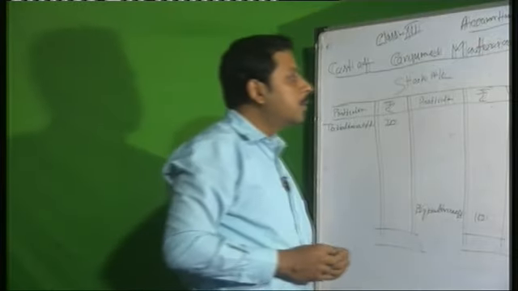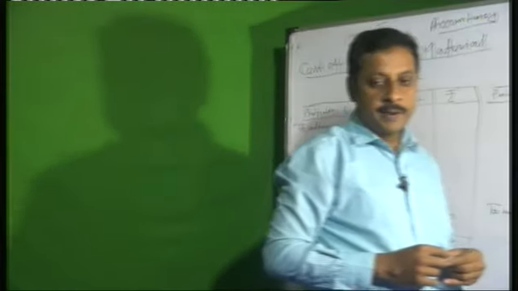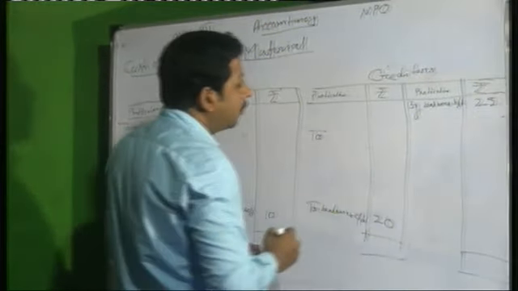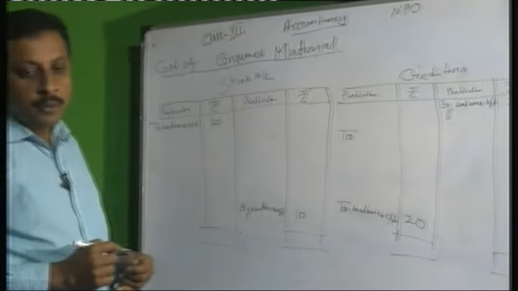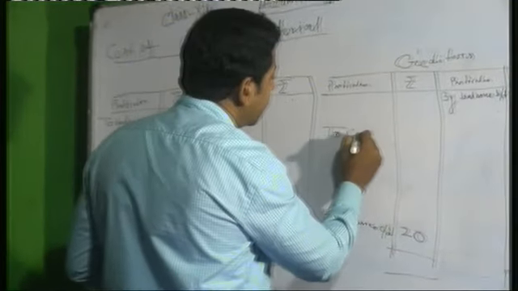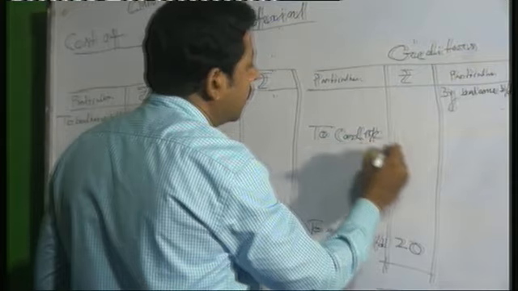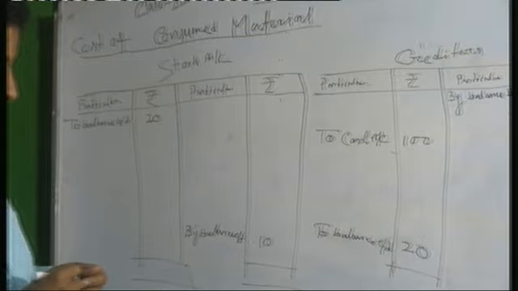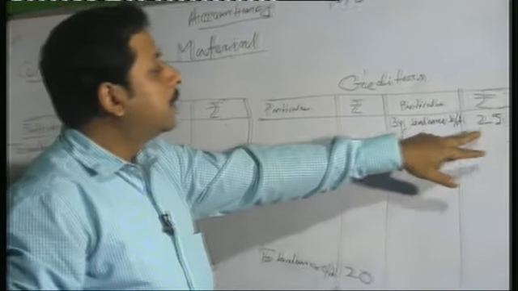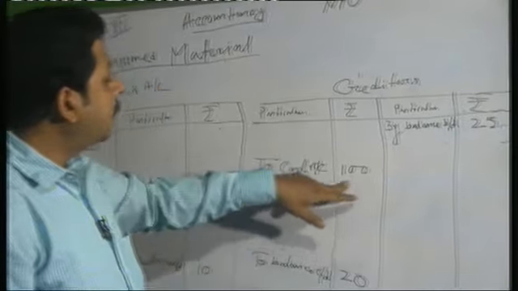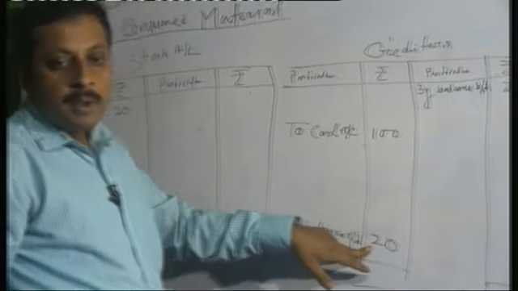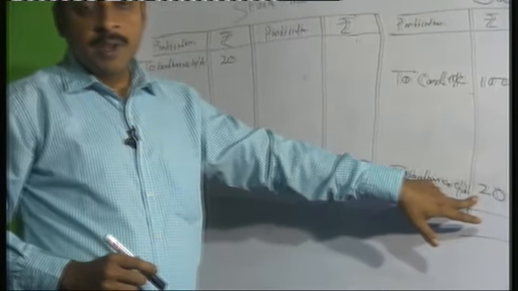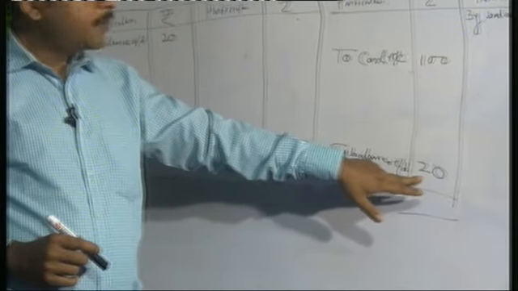We are assuming we make the payment through cash, so to cash account. But the opening balance is 25, we already paid 100, so there is still 20 rupees left. So we again pay rupees 20 at the end of the day or end of the year.